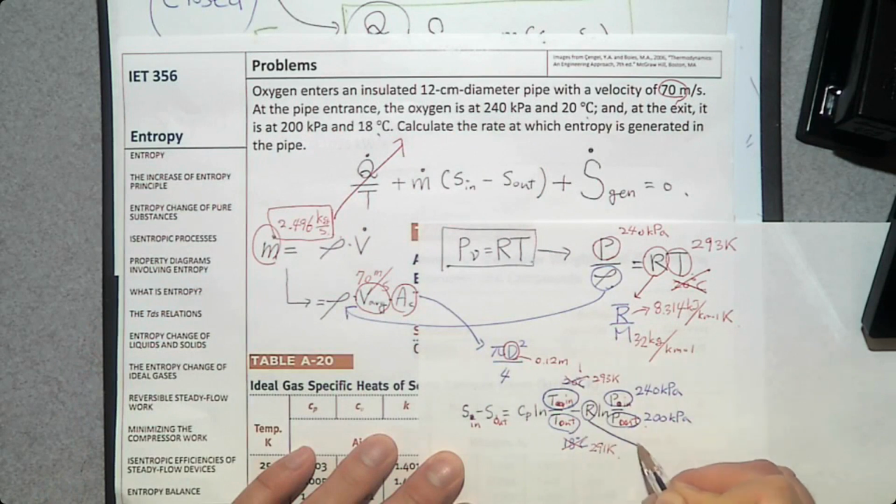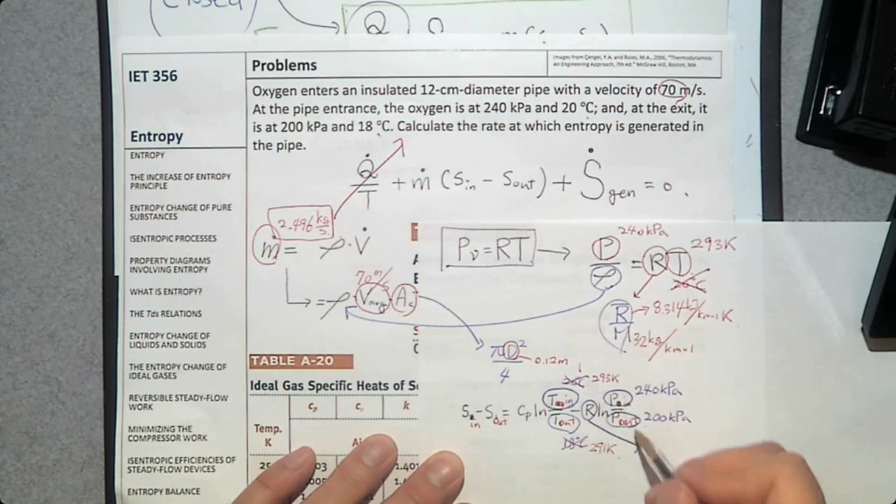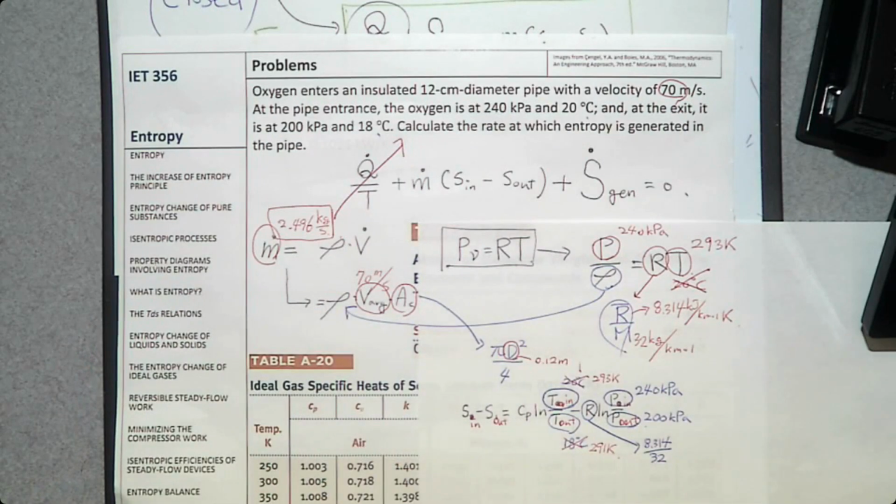The gas constant is 8.314 divided by 32. What about the specific heat? Let's use the specific heat at 300 Kelvin for convenience.